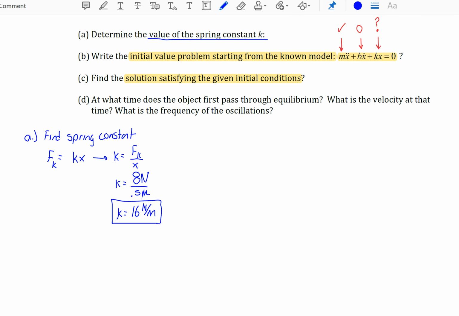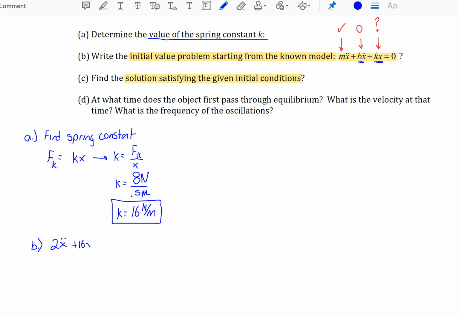Now that we know our spring constant, we can write our initial value problem. Remember, they told us the mass was 2 kilograms. So 2x double dot. We had a frictionless table, so there was no damping. And we now found our spring constant k is 16.